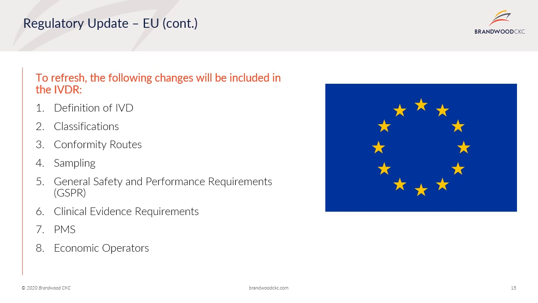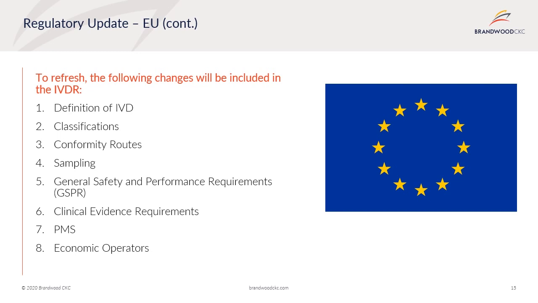And obviously that ties into the classifications, which we discussed. Then the conformity routes. How do we actually bring these in front of a notified body or get an appropriate CE mark for this product to be marketed and sold in the European Union? These have changed. So it's important that you note that and read through and understand your conformity route for applications.